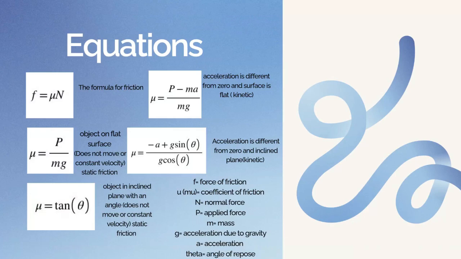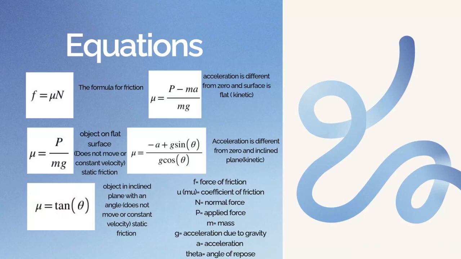So the first equation used is F equals mu times N, which is the formula for friction. The second equation used is mu equals P over M times G, which is the formula for the static coefficient of friction.